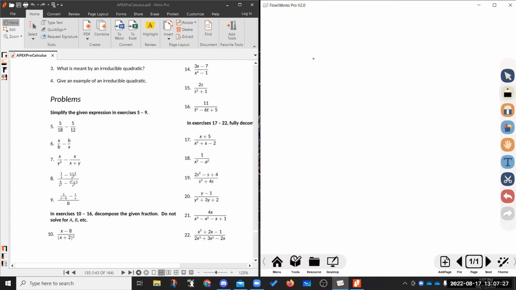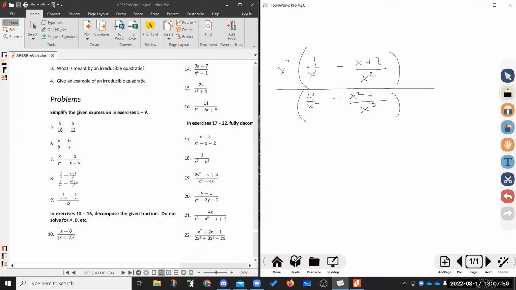Number 8 is a complex fraction. 1 over x minus x plus 2 over x squared is my big numerator. And my big denominator is 4 over x squared minus x squared plus 1 over x to the third. So my LCD for everything is going to be x to the third.